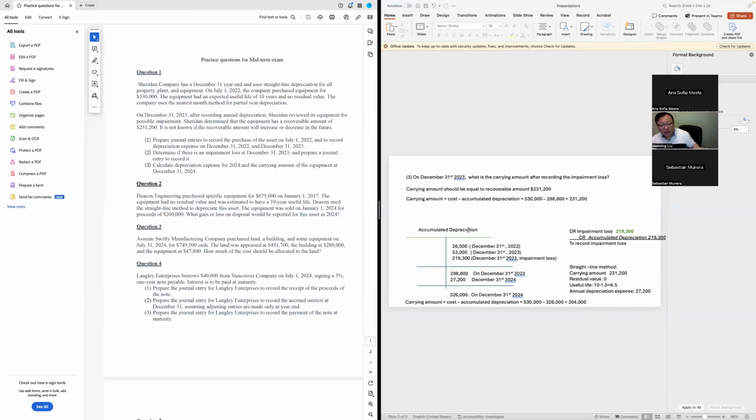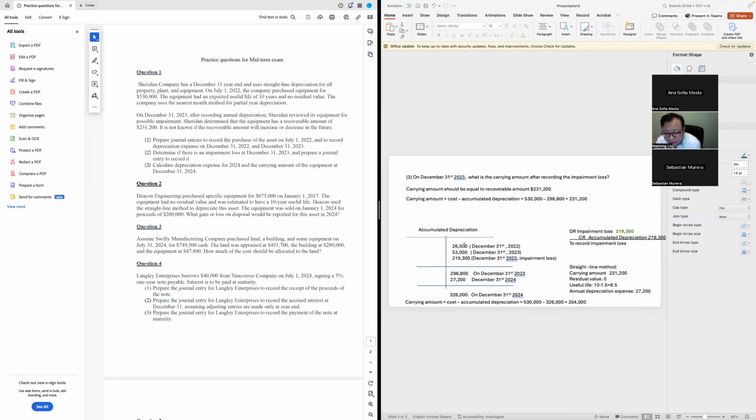Okay. So this is my third question, right? So I think after working on this question, we need to understand that for each account, the balance will change over time. You can take a look at this T account, cumulative depreciation.